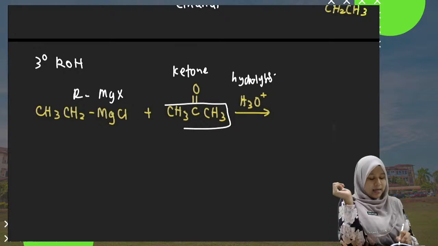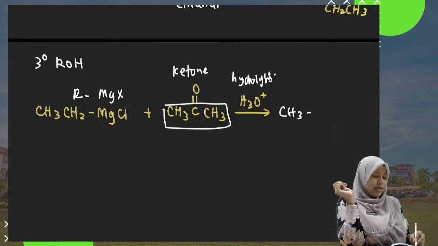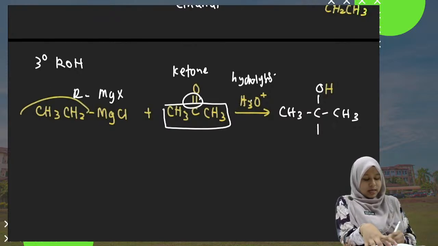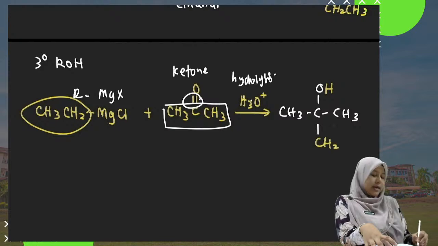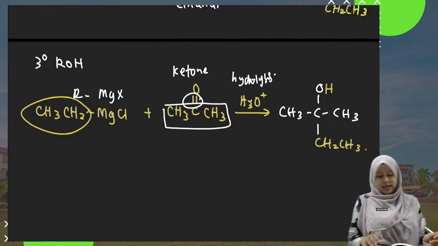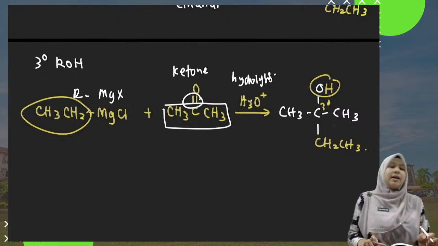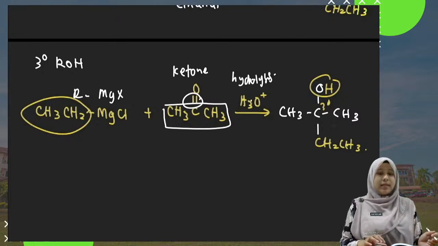So copy balik structure ni, CH3, C, CH3, double bond akan jadi single O, hydrolysis so dia akan dapat H. Yang bawah ni kita akan isi dengan alkyl group from Grignard reagent. So OH attached to tertiary carbon we call as tertiary alcohol. Okay, ini sahaja preparation untuk alcohol.